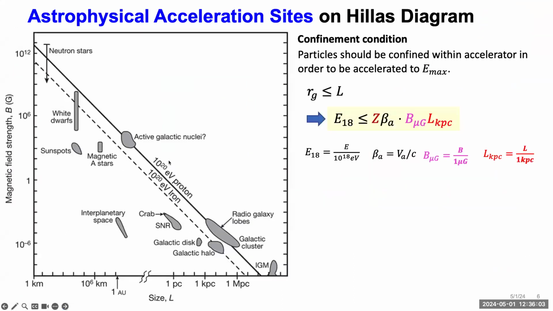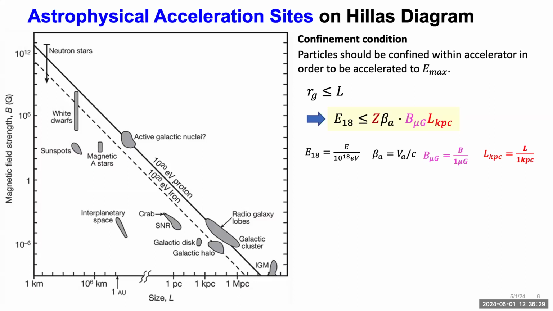I mentioned that the origin of ultra high energy cosmic rays is still debated, but there is a first candidate. This diagram is called the Hillas diagram, and sometimes we call it the confinement condition, because this diagram shows the maximum energy of a particle which a system can confine.